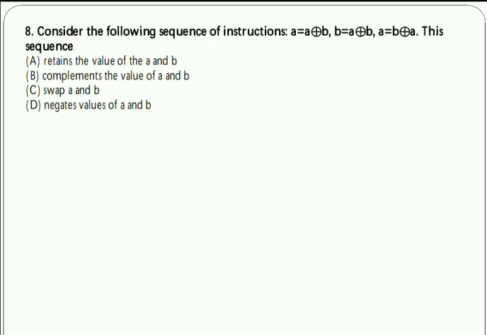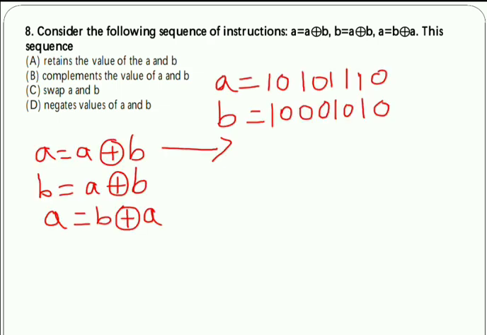So let us consider A and B as some binary numbers. So first, let us evaluate the first instruction here. A XOR B. We know that for A XOR B, if the values are different, then the answer is 1. If the corresponding bits are the same, then the answer is 0.